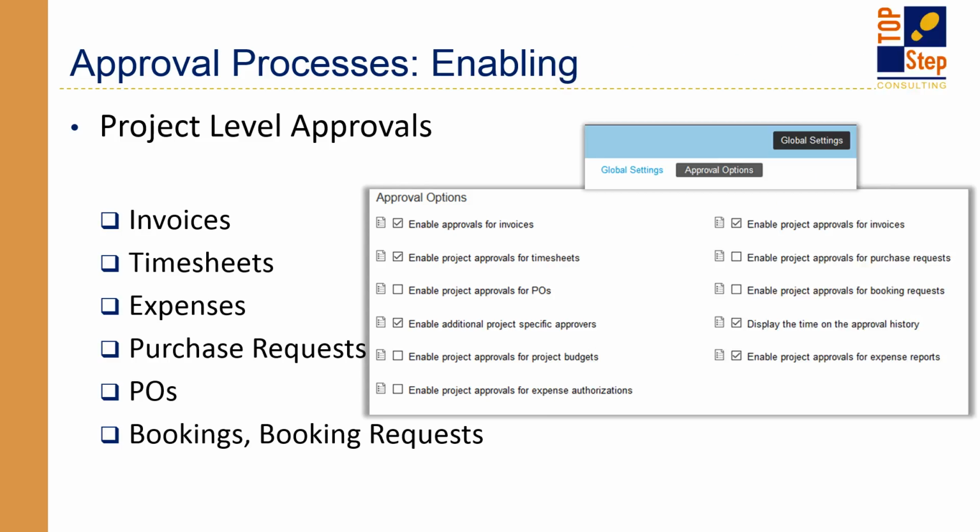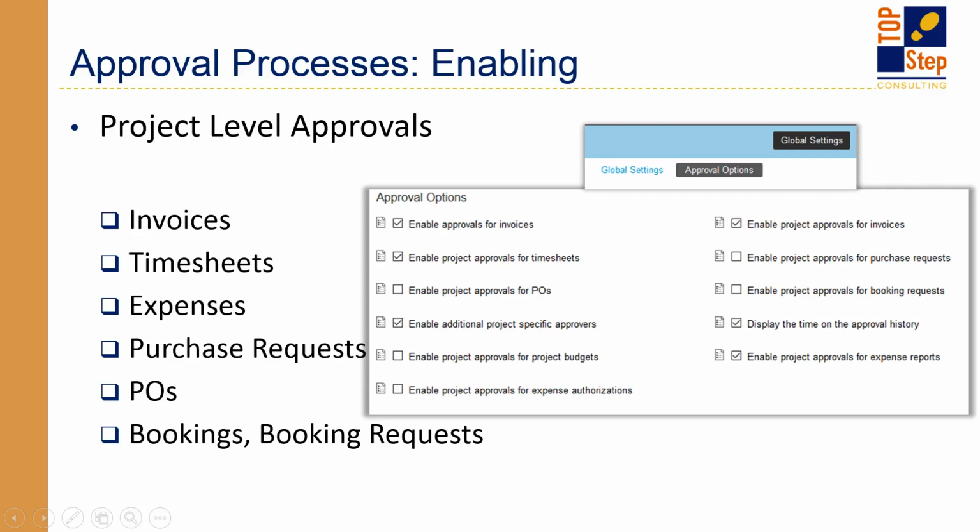Approval processes and additional project approvers are enabled within the administration module under administration and approval options. So once you're on the global settings, there is an option for approval options. I believe it's in the first column, if I'm not mistaken, within the application module. And this is what each of those checkboxes look like within that module.